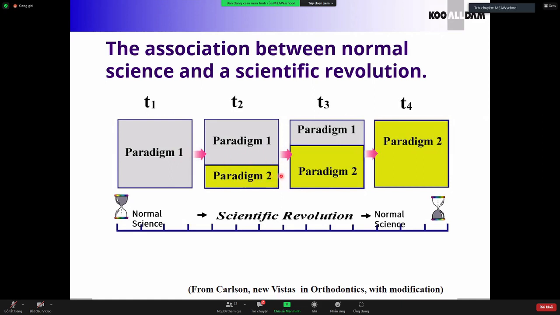And gradually, paradigm 2 is becoming normal. And finally, in T4 stage, paradigm 2 is the mainstream. So as you know, this is a paradigm shift.